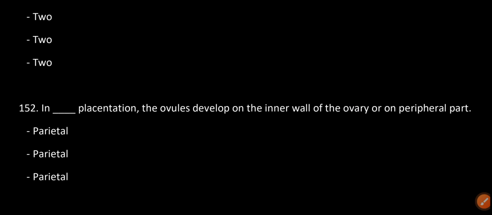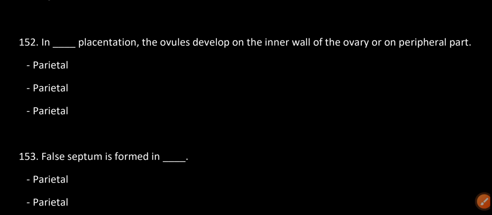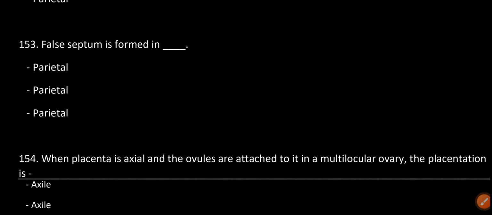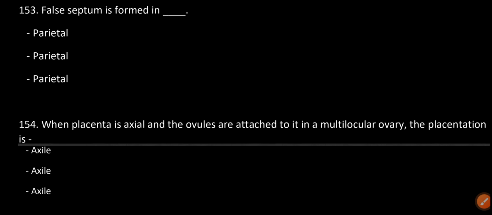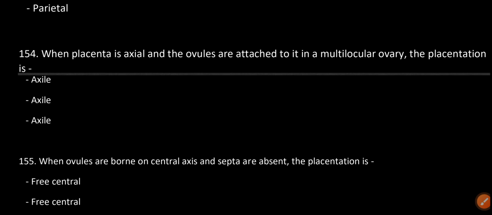In dash placentation, the ovules develop on the inner wall of the ovary or on the peripheral part. Parietal. False septum is formed in parietal. When placenta is axial and the ovules are attached to it in a multilocular ovary, the placentation is axial.